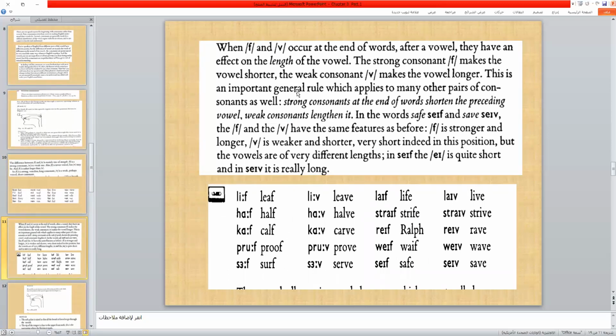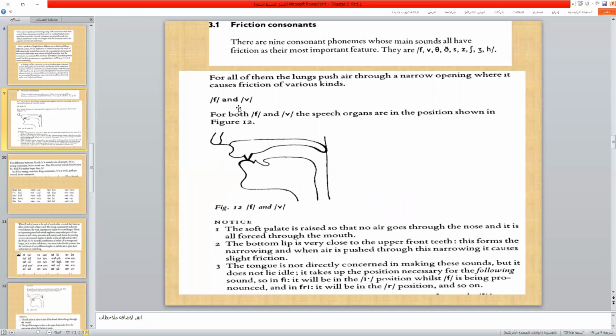This is an important general rule which applies to many other pairs of consonants as well. By the word pairs, we mean sounds which have the same manner, the same way of articulation. For example, f and v are both fricatives and both articulated with the lower lip and the upper teeth. That's why we call them a pair and put them between two slashes.